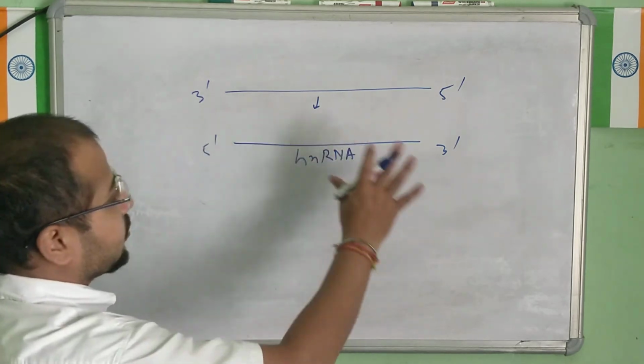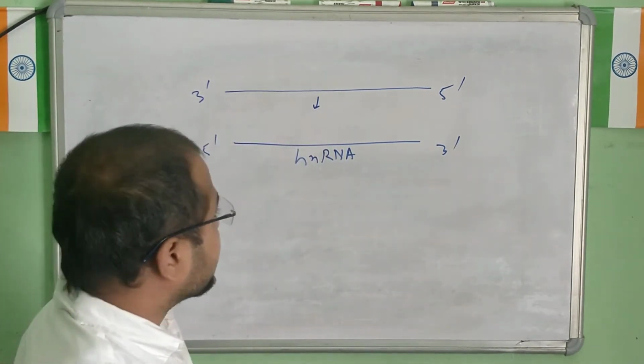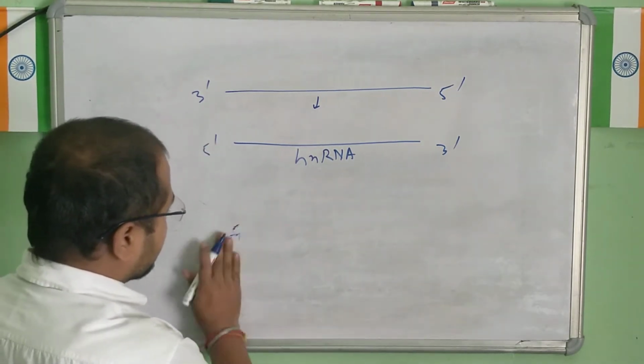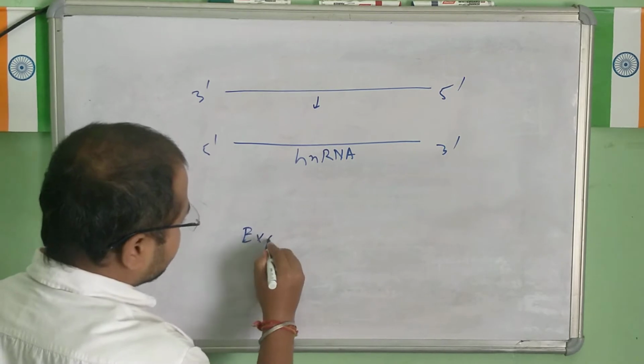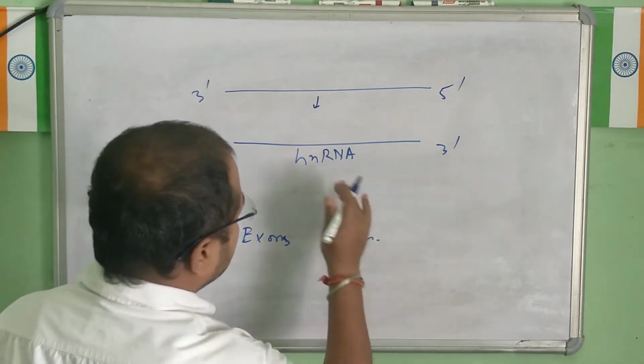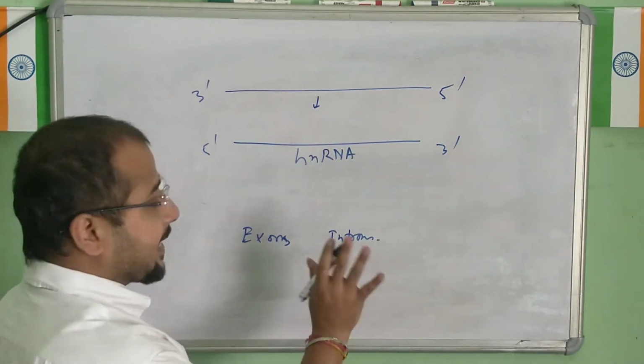Okay, this is an immature RNA, and it consists of both exons as well as introns. This hnRNA consists of exons as well as introns.